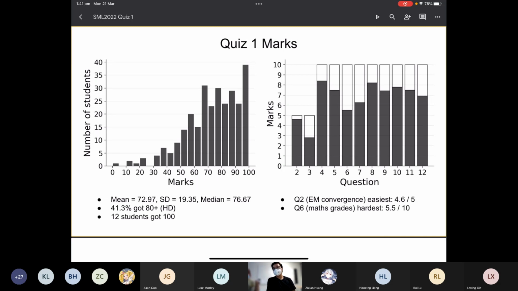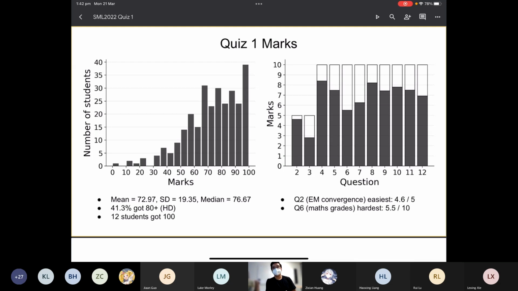On the other hand, the hardest question for everybody seemed to be question 6, which is quite surprising to me. This question asks about the joint distribution and the maximum likelihood estimator for X. So we're going to go through that question.